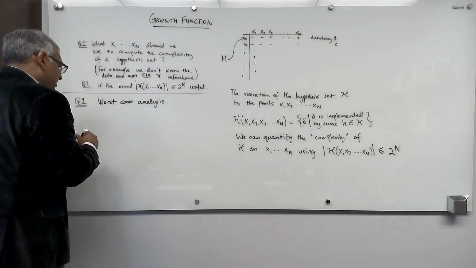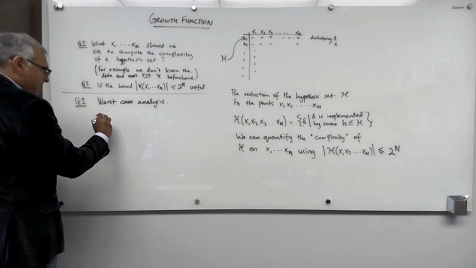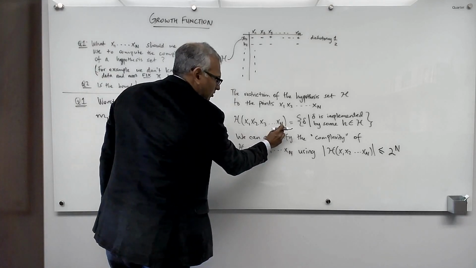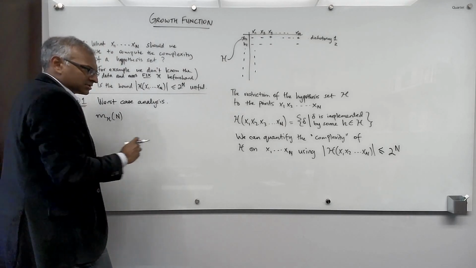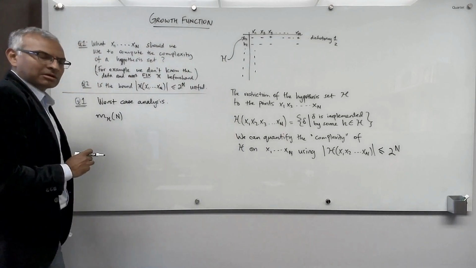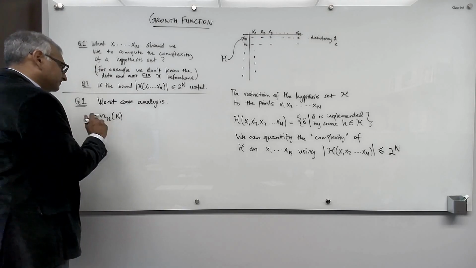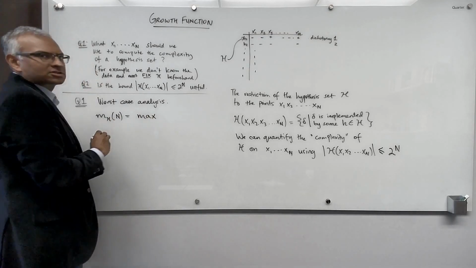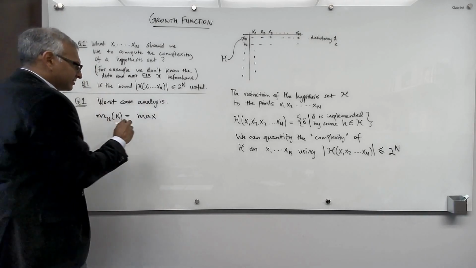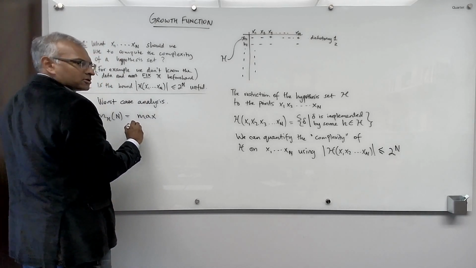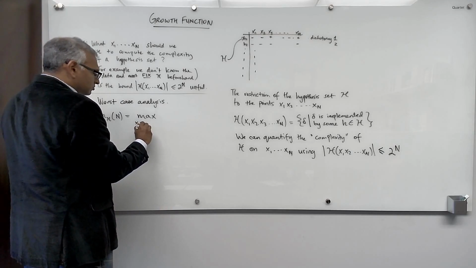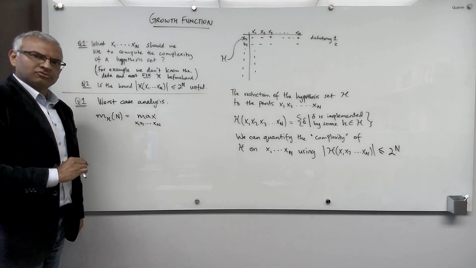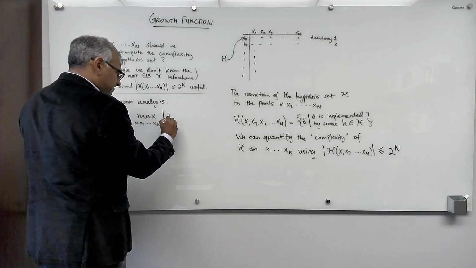We will define M sub H of n. Why? Because n plays a role. n is the number of points with respect to which we are defining the complexity. So M sub H of n is equal to the maximum possible complexity. It's the max over all possible choices of x1, x2, up to xn. It's the maximum of the complexity.